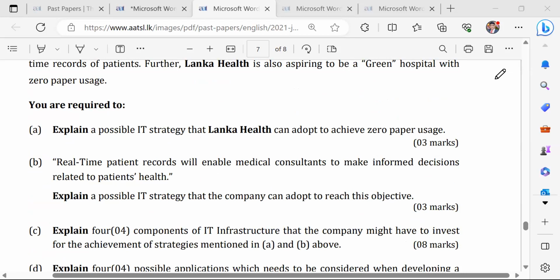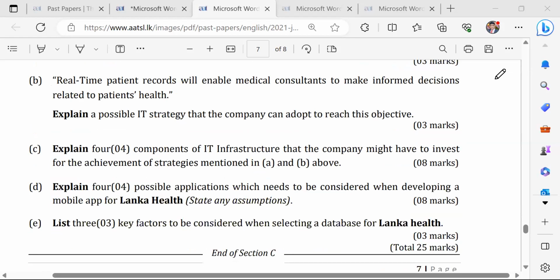They can implement an appointment booking system online. I think they can introduce a mobile app for appointment booking. Then such strategies you can explain. 3 marks means you have to explain 3.